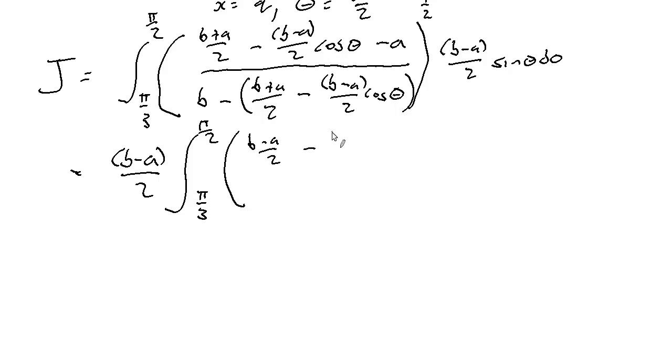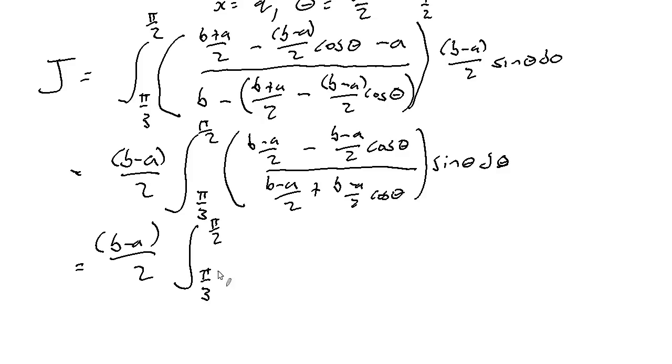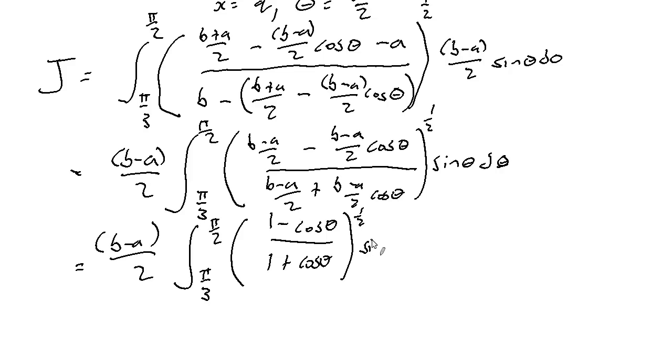So we get (b minus a) over 2 minus ((b minus a) over 2) cos theta over, b minus this lot is going to be (b minus a) over 2 plus ((b minus a) over 2) cos theta, times sine theta d theta, which equals (b minus a) over 2 times the integral from pi over 3 to pi over 2 of the square root of (1 minus cos theta) over (1 plus cos theta), times sine theta d theta.